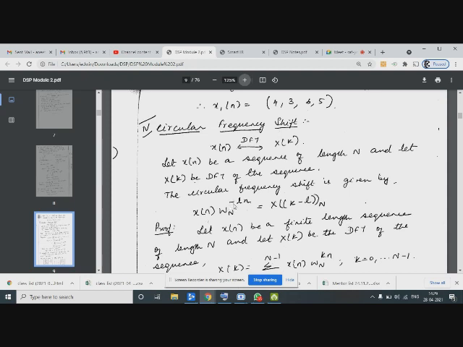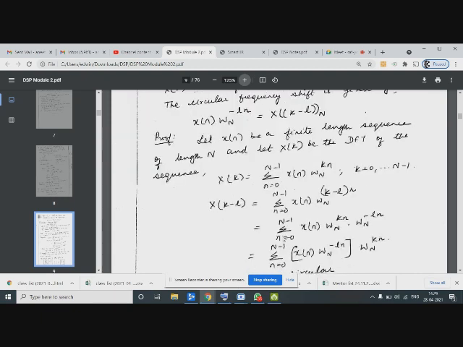Only thing is you should be careful about the sign. Here if it is W_N power minus L n, it will be minus L. There, if it was minus, it was plus in the frequency. That's all. Just remember the relation, you will get it. Got it, all of you? Be careful about the signs.